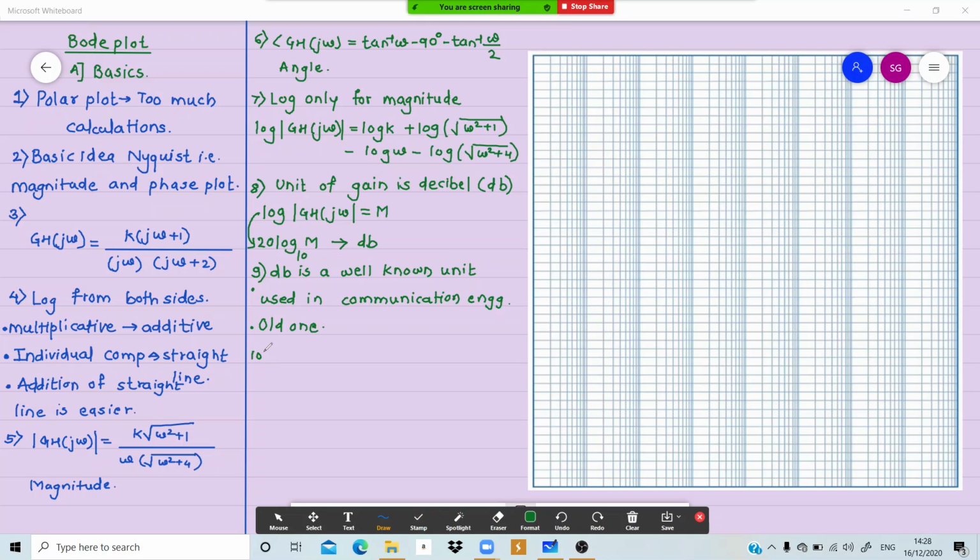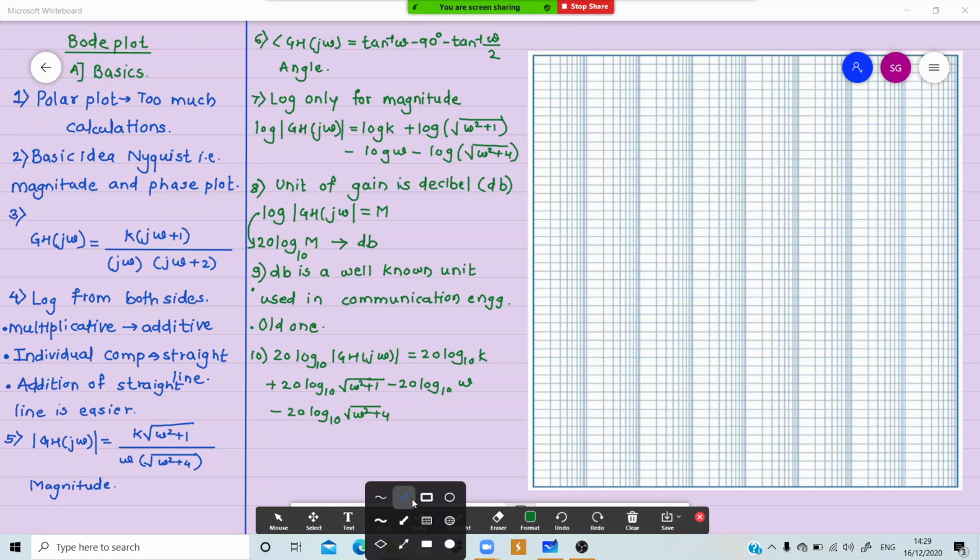So the last point related to the basics: now instead of writing this equation, how should we write? 20 log to the base 10 of G H j omega is equal to 20 log to the base 10 of K plus 20 log to the base 10 under root omega square plus 1, minus 20 log to the base 10 of omega, and minus 20 log to the base 10 of under root omega square plus 4.